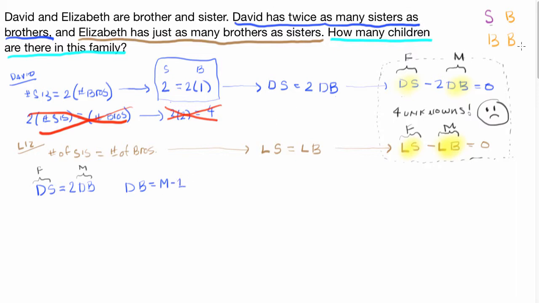How? Well, let's go back to this example here. Now, in this example, let's look at this guy, the male here. How many brothers does he have? Well, he has 1, 2. So he's got 2 brothers. But how many total males?